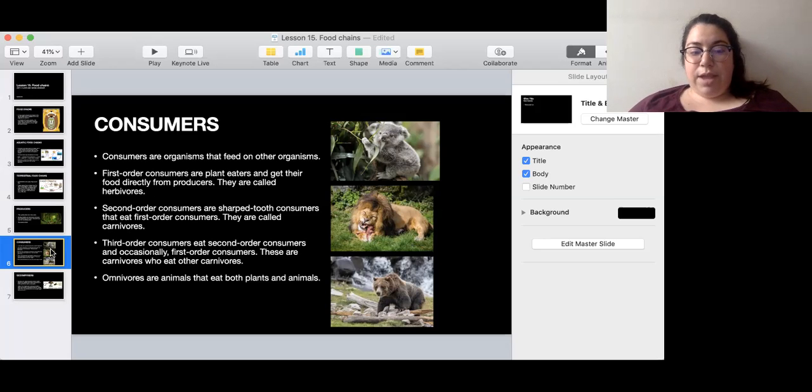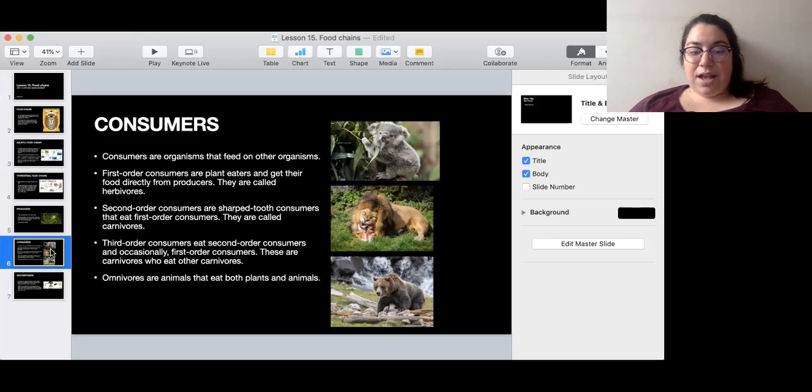And then we have second order consumers. These are sharp-toothed consumers that eat first order consumers. So they are called carnivores. As you know, carnivores eat meat. They eat the herbivores. And then we have third order consumers. They eat sometimes second order consumers and other times first order consumers.